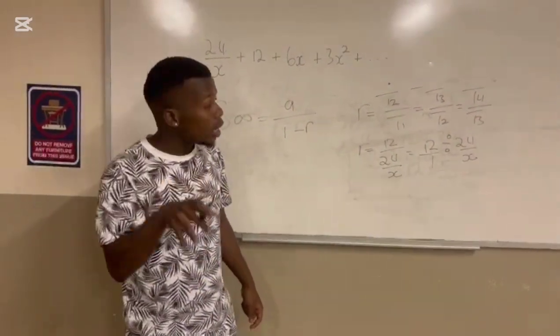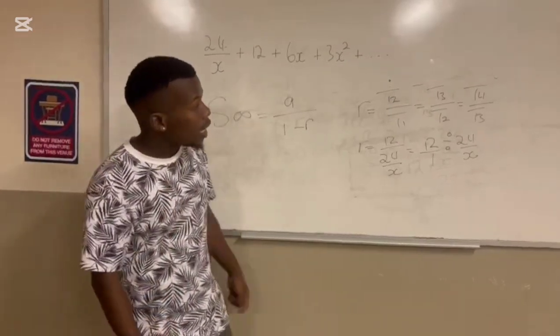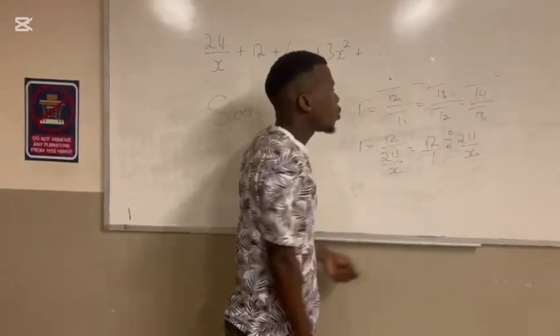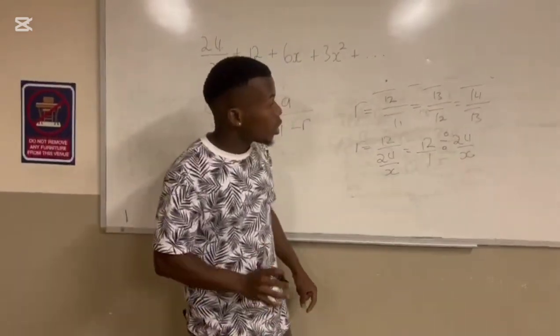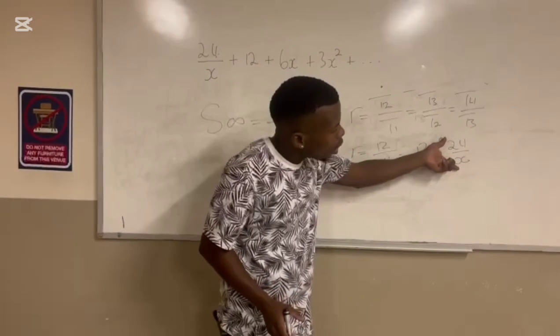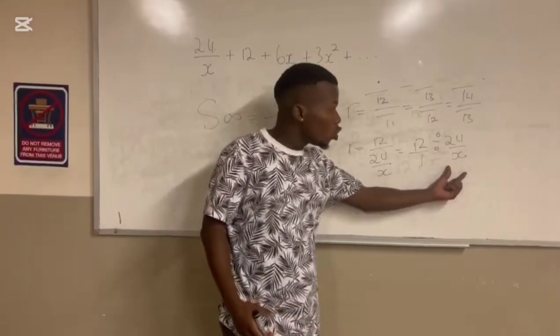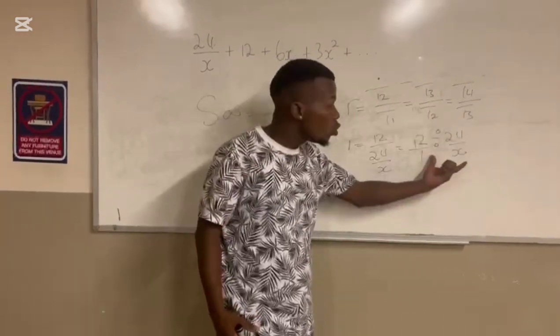I'm going to introduce multiplication, but as I'm introducing the multiplication, what is on the right-hand side must be the reciprocal of that. How do I determine the reciprocal? What is in the numerator becomes the denominator, and what was in the denominator becomes the numerator.